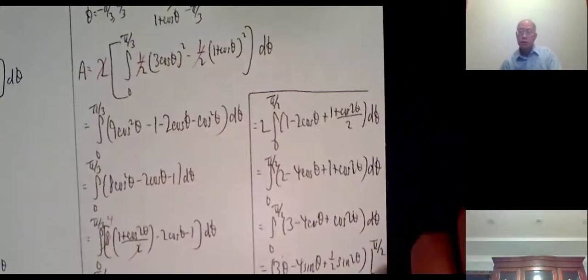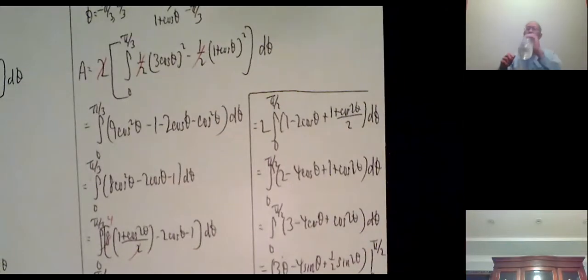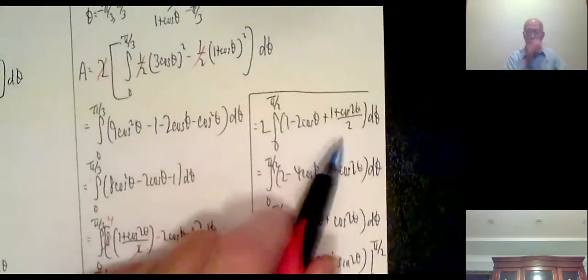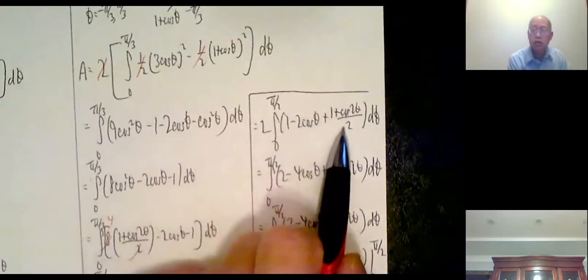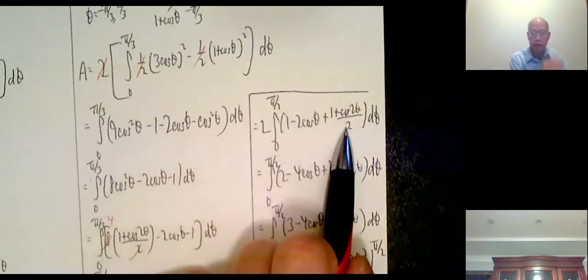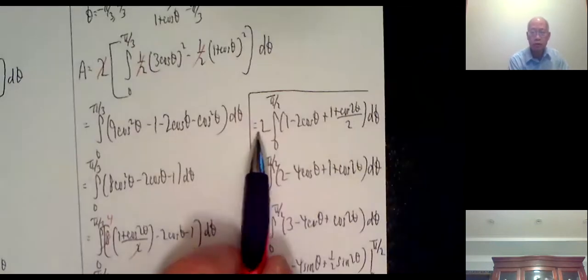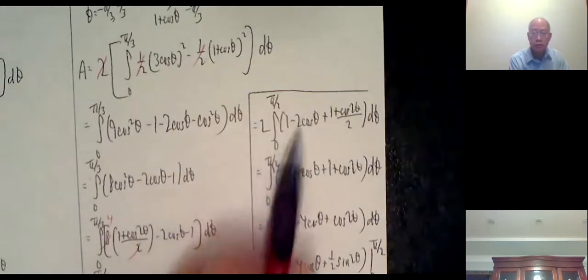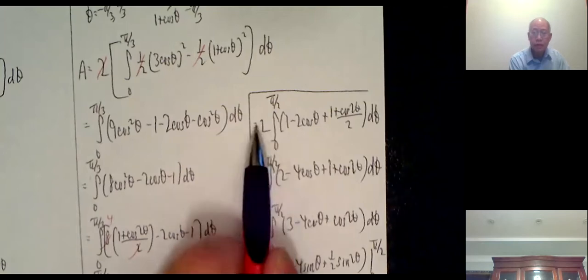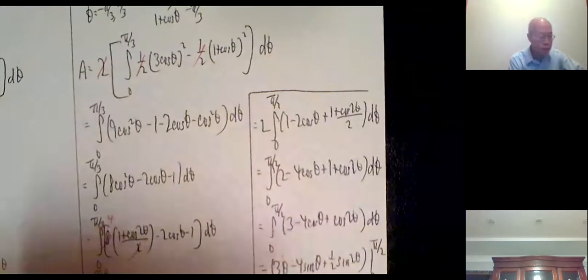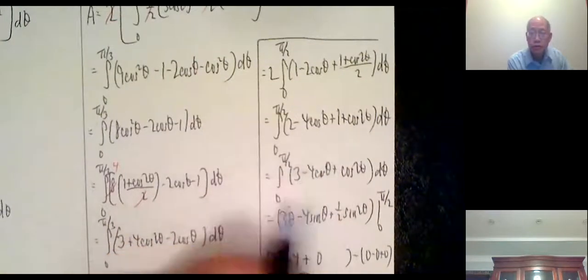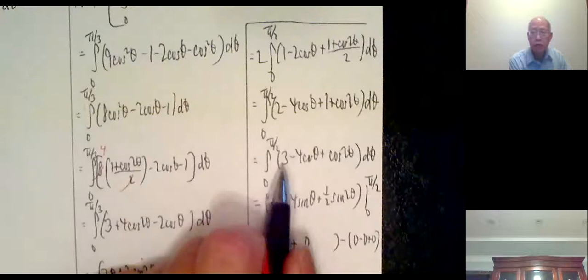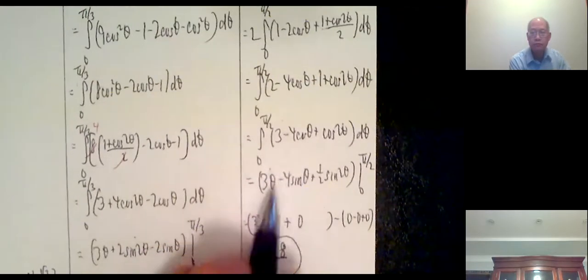And at this stage I don't like that fraction, so I'm going to put the 2 back in. 2 times that, 2 times that, and 2 times that will just cancel the 2 in the bottom, so at least I have no more fraction. So now it looks like this: 2 plus 1 is 3, 3 minus 4 cosine theta plus cosine 2 theta.